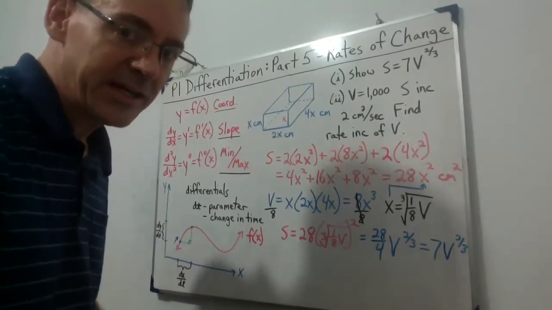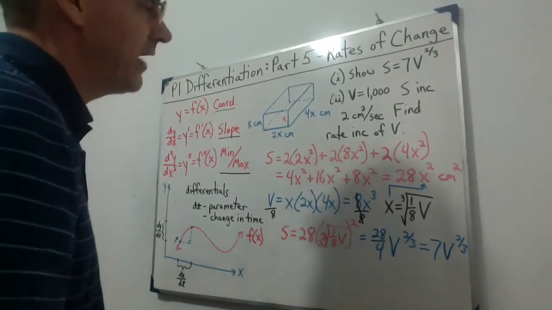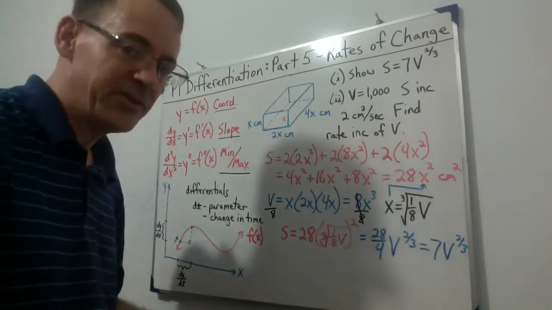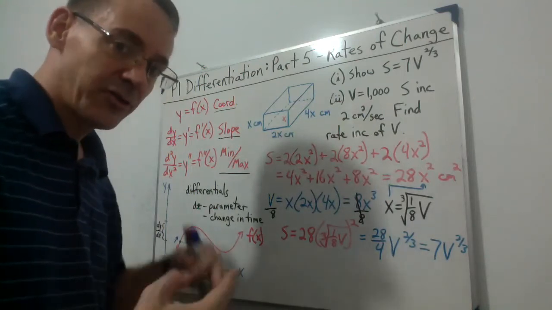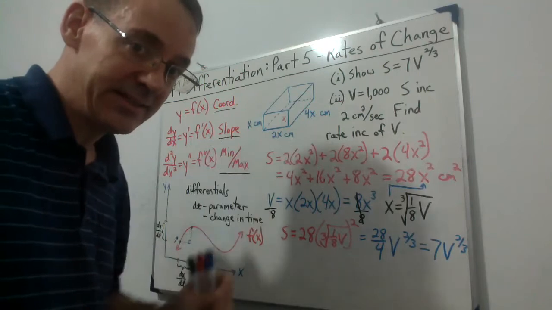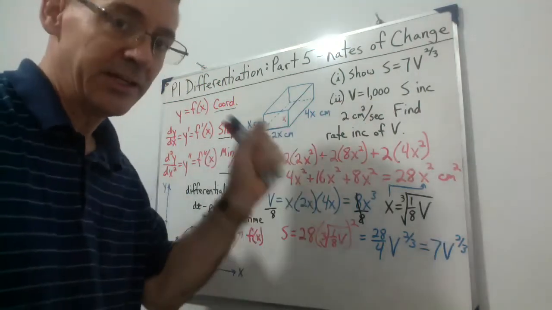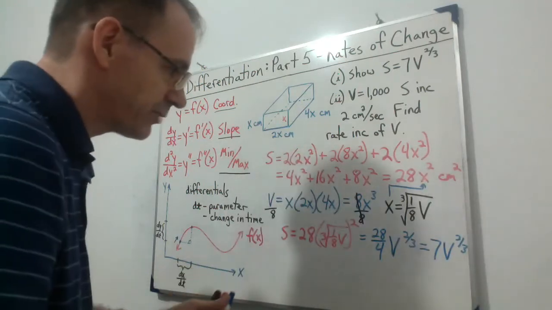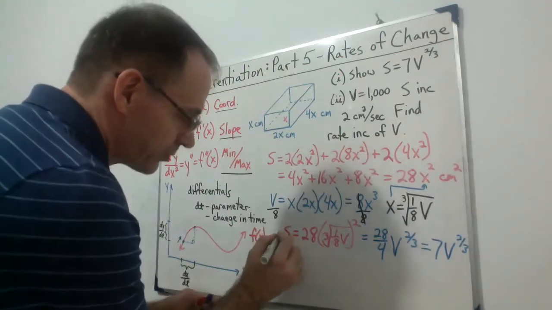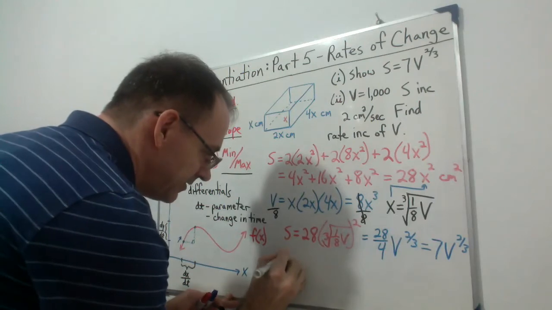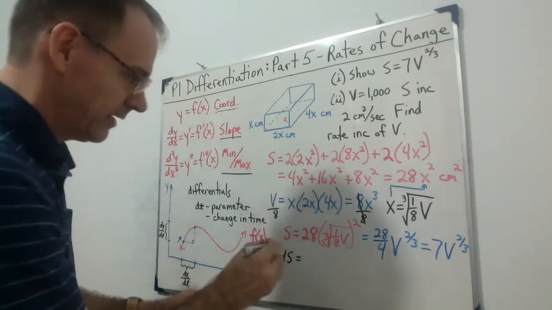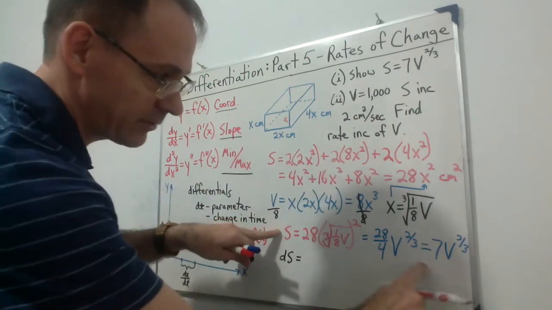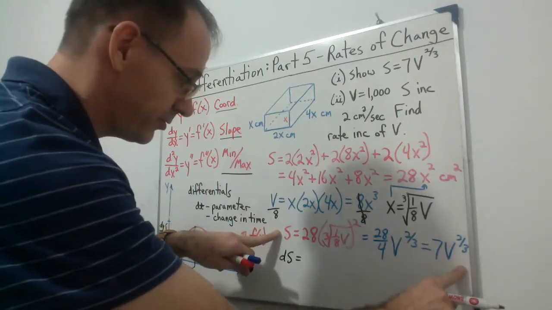Okay, so that's the first part. Now for the second part, it says to find the rate of change of the volume. That means we need to do a derivative so that we get dv/dt, because it's the rate of change of volume with respect to time. So we need to derive this. When we derive S, we get ds equals, now I'm working with S equals 7v to the 2/3.